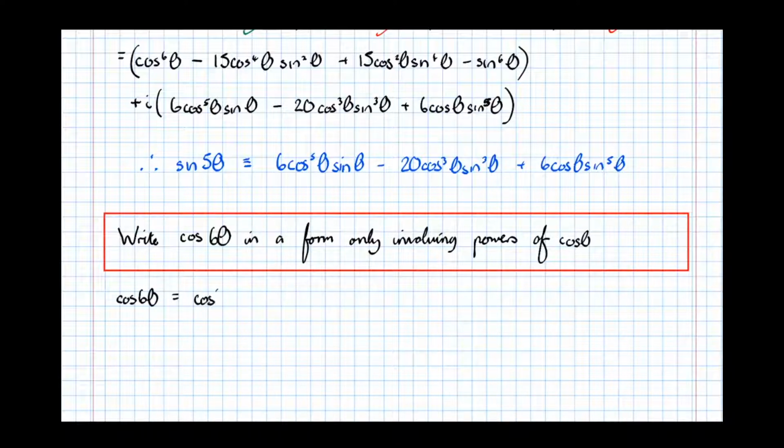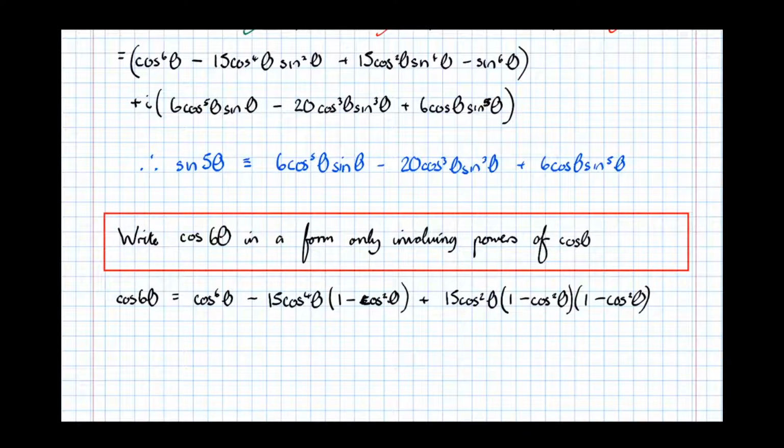So following on from the previous working, we've got that cos of 6 theta equals cos to the 6 theta, take away 15 cos to the power of 4 theta, and we don't want sine squared thetas at all in this. We only want powers of cos theta as per the question. So let's straight away change that to 1 minus cos squared theta, plus 15 cos squared theta, and sine to the 4 theta, well, that's 1 minus cos squared theta, 1 minus cos squared theta.